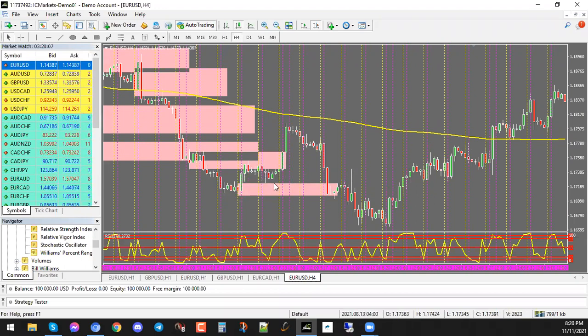Once it came back, retested this order block, you get another strong push out. Okay. So this is the significance of the order block. And if we understand order blocks, we understand how to trade these order blocks, which order blocks would carry substantial value, then it would help us in our trading a great deal.